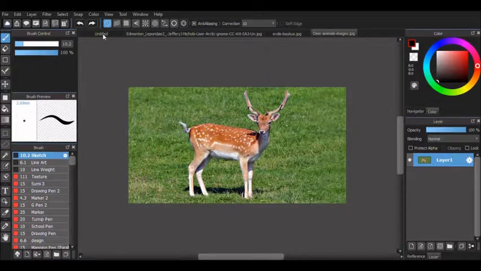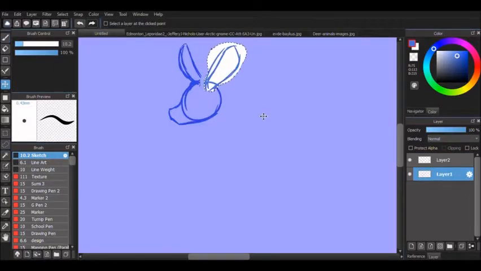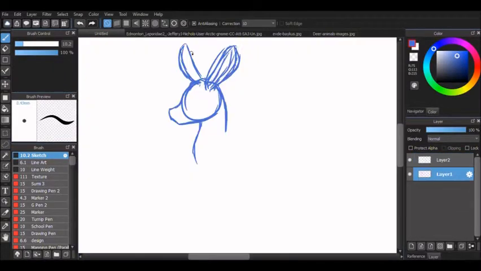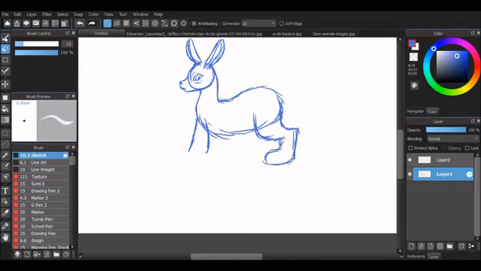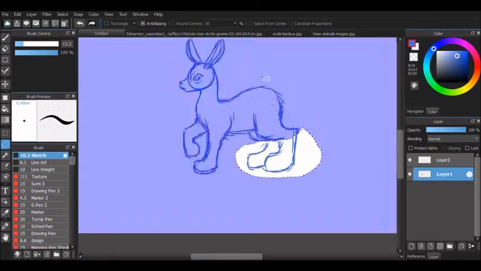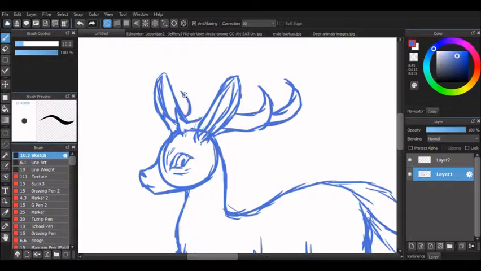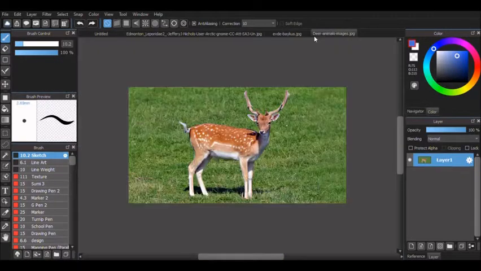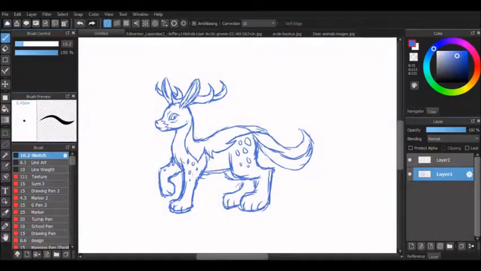So I think that would go well together. What I decided to do was to fuse them all together.